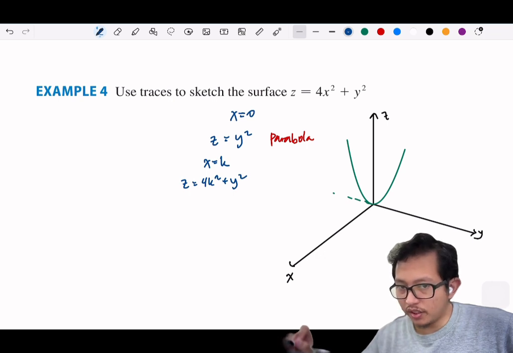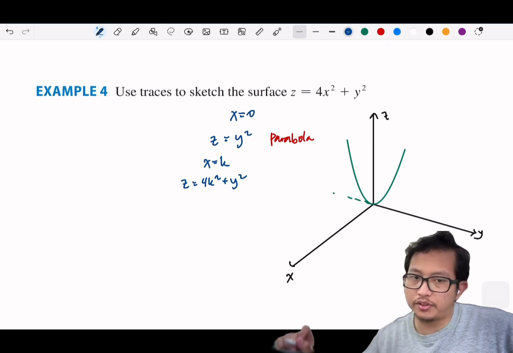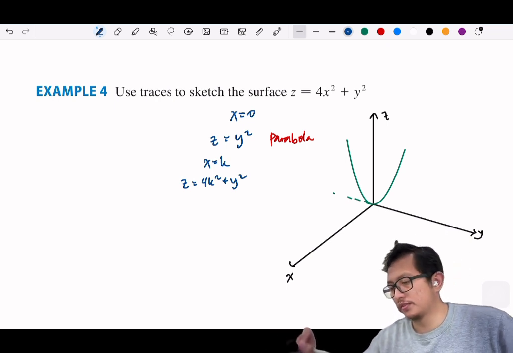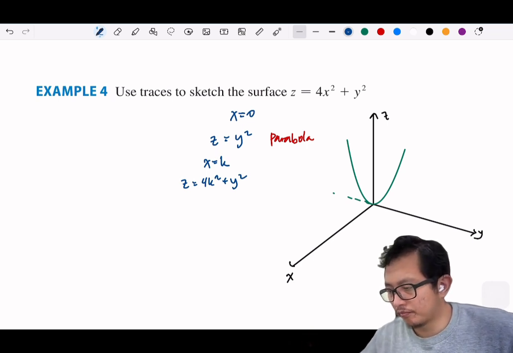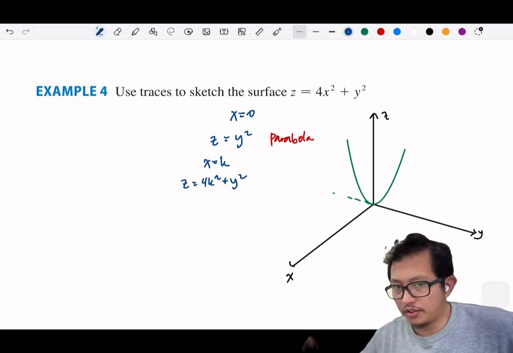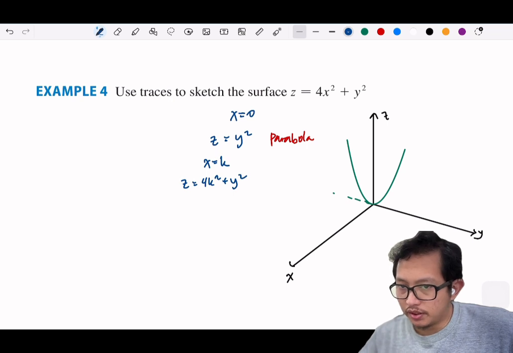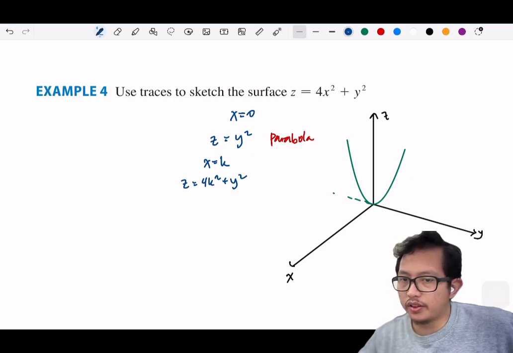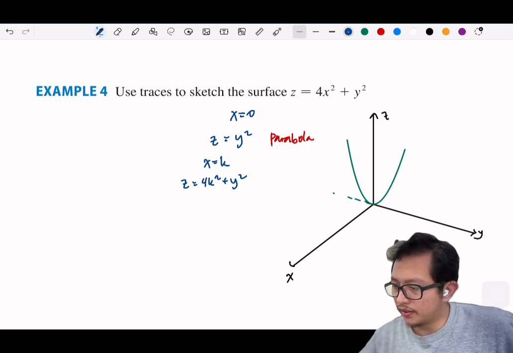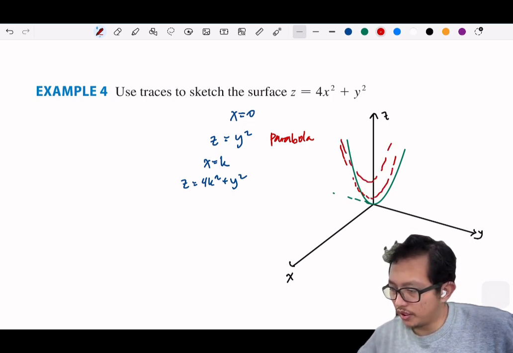So we could make the parabola going up or going down. If we slice the graph with any plane that is parallel to the YZ plane, we're going to see something like this.